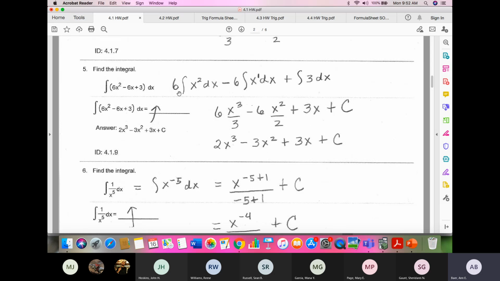So I brought that 6 out in front. I wrote down the integral sign, and inside what's left is x squared for that first term only. And then every integral has to have a dx with it, or a dt, or whatever you're talking about. Then this minus is really -1. So I brought the minus sign out in front, and this 6 out in front, because those are numbers.